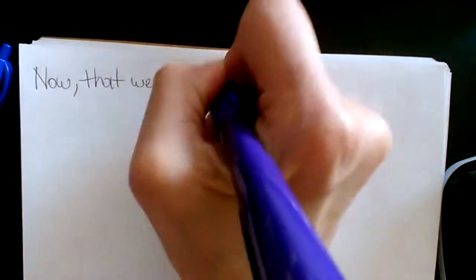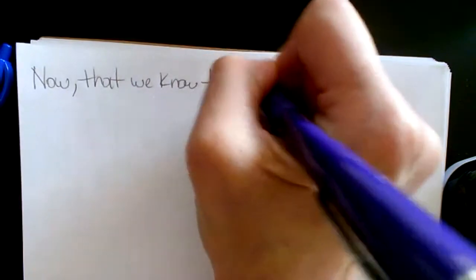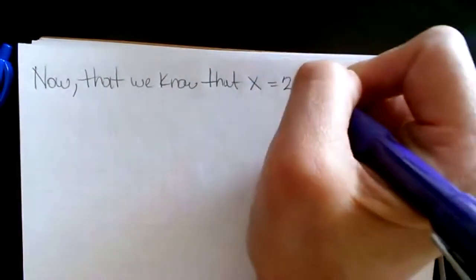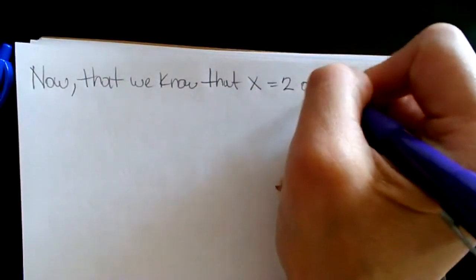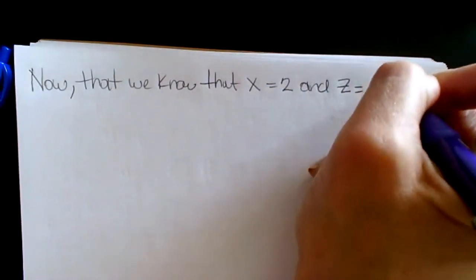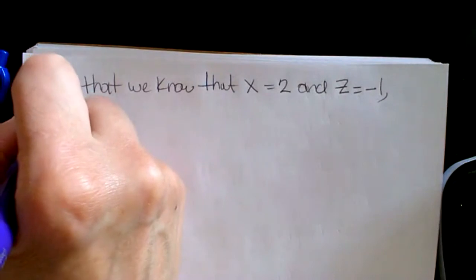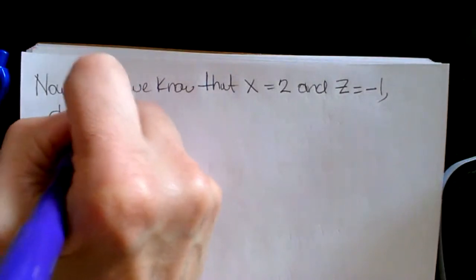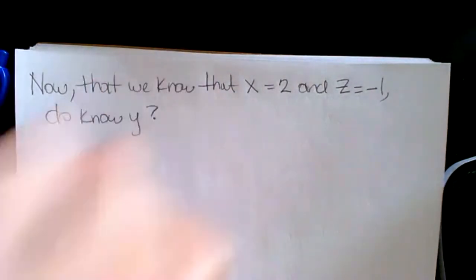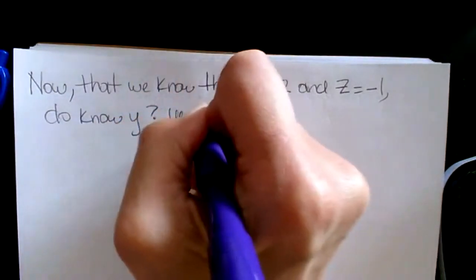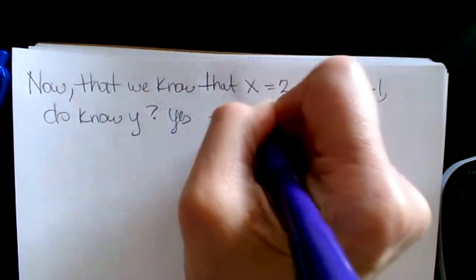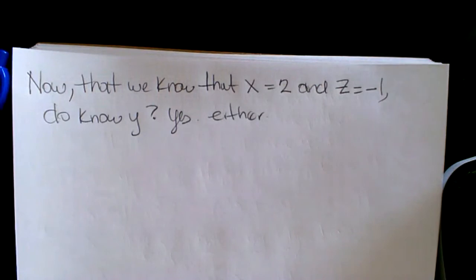So now that we know, what do we know? X is equal to 2. And we know that z is equal to negative 1. So, do we know y? Yes. Either one, we could do it.